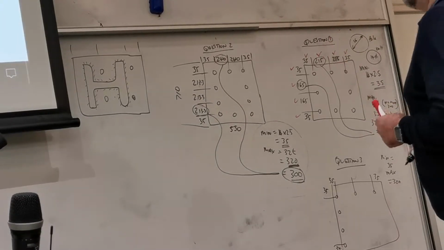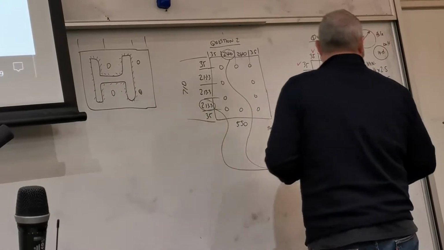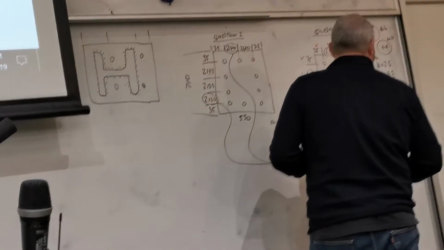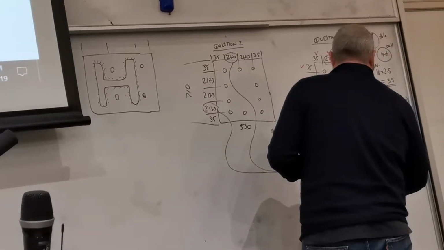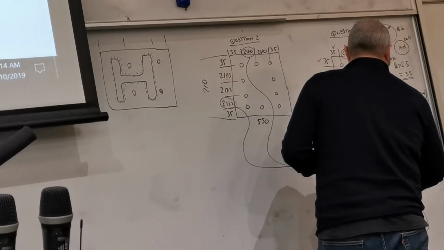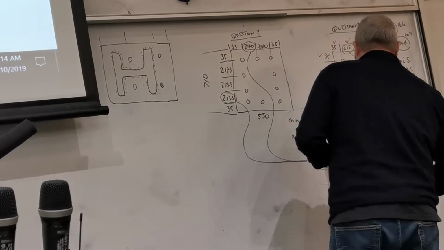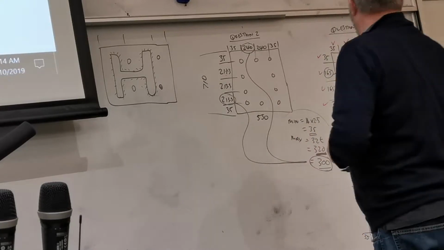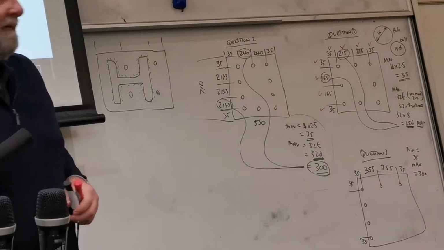And 780 minus 70 makes 610. Is that correct? 70. So that makes 355. And we have a problem, so I'm going to put that in red.